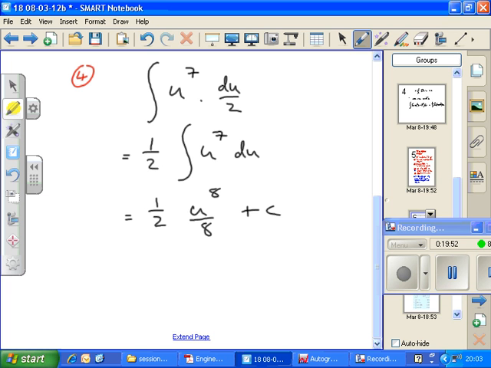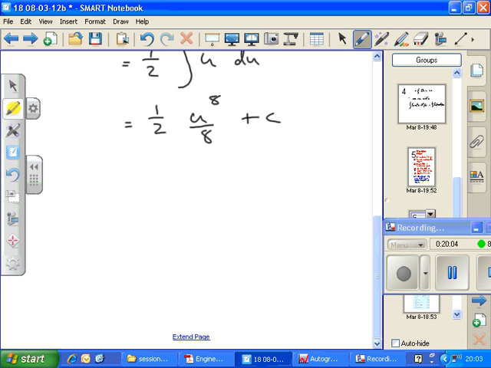So that's step 4 done. And then the final step, replace u with what we set it to be. And we can also combine the half and the 8, so 2 times 8 is 16, so this actually becomes 1/16 of u, which is 2x plus 7 to the power 8 plus c.